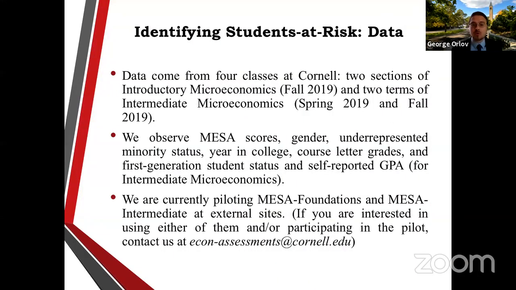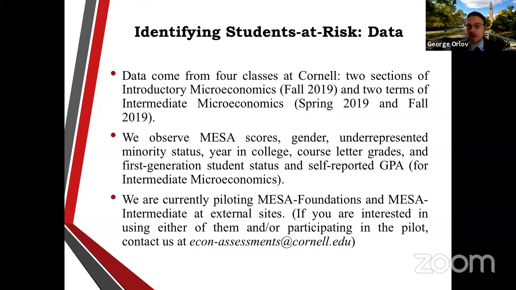So for what follows, as I said, the data comes from classes at Cornell: two sections of introductory microeconomics taught in fall 2019, and two terms of intermediate microeconomics, spring 2019 and fall 2019. We observe MESA scores appropriate for the class, so the Foundations for the introductory course and the Intermediate for the intermediate course.